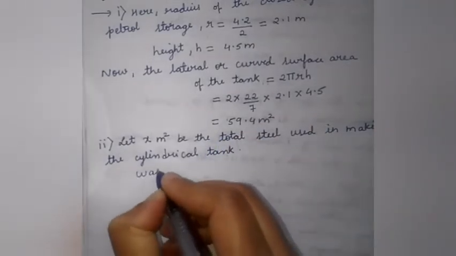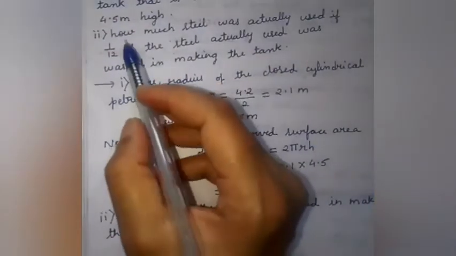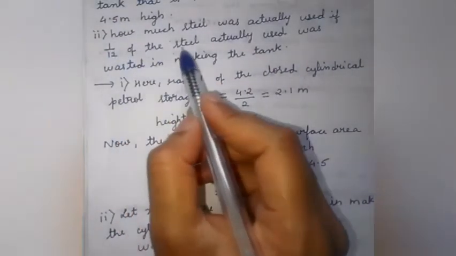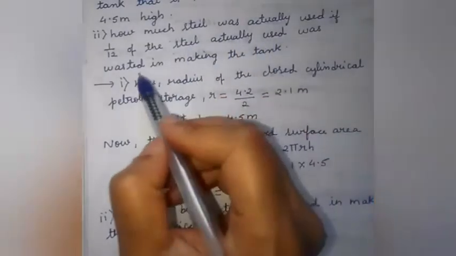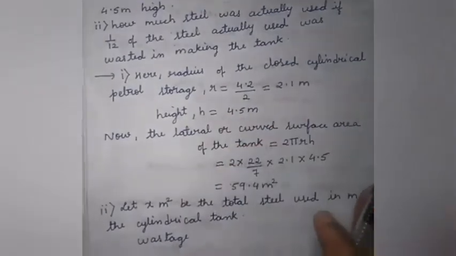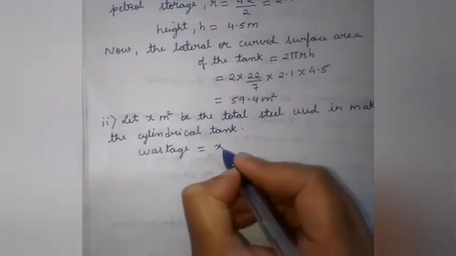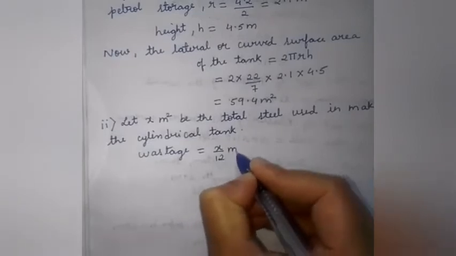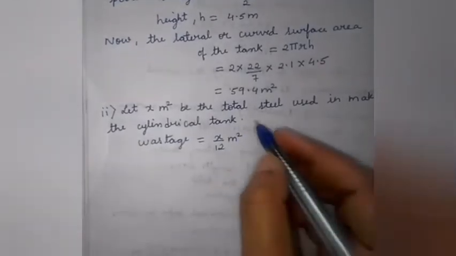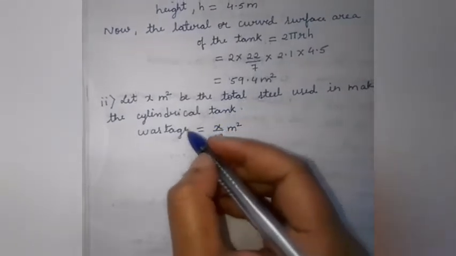And they have told that wastage is 1 divided by 12 of the steel actually used was wasted in making the tank. So it is 1 divided by 12 times x, that is x divided by 12 meter square wastage.